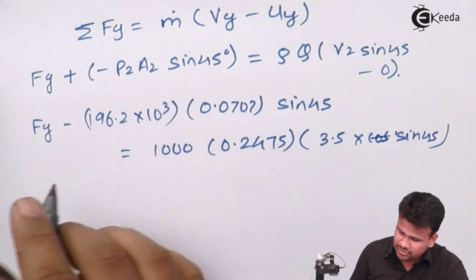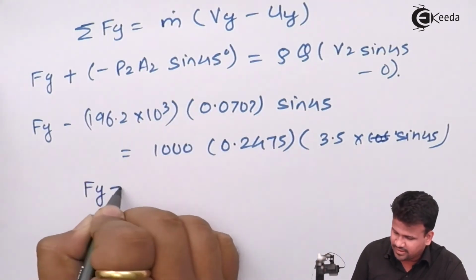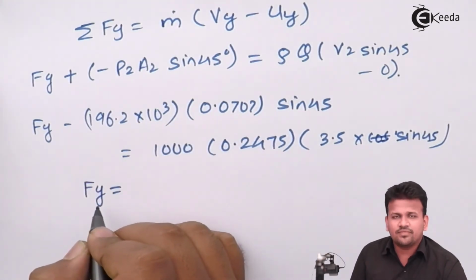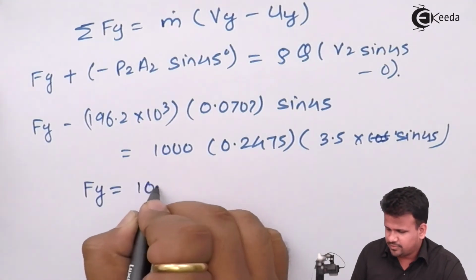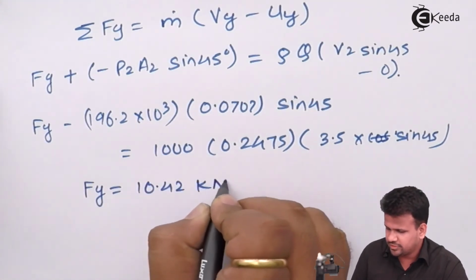On evaluation of this entire part, we get the value of Fy as 10.42 kilonewton.